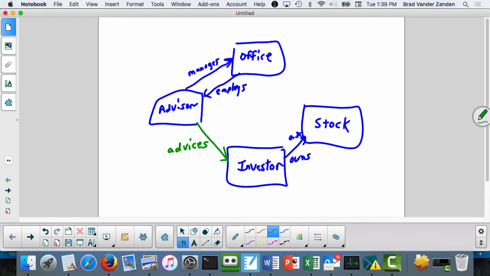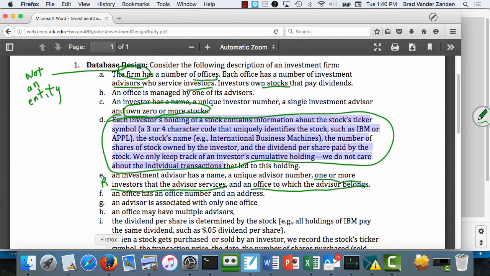So advises investors. Okay, F just had attributes. An advisor is associated with only one office. That's going to help us with what kind of information is that giving us about a relationship? Multiplicity, and specifically it's giving us both the participation and the cardinality. It's saying it's 1-1.